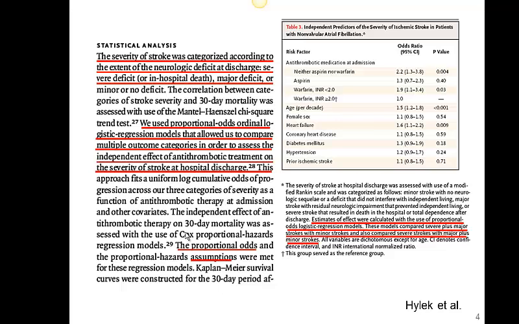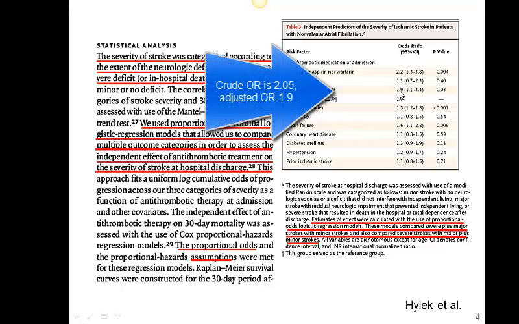The proportional odds model is a form of regression, therefore you can adjust for other covariates. So they included age, sex, heart failure, coronary heart disease, diabetes, hypertension, and prior ischemic stroke. And after controlling for those variables, they found the odds ratio of lower INR on severe form of stroke is 1.9.